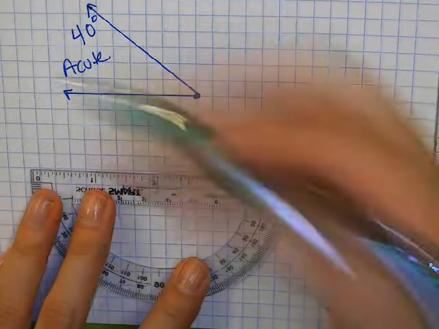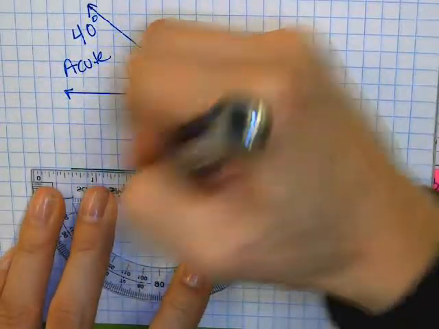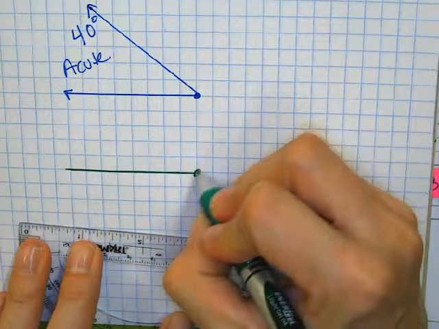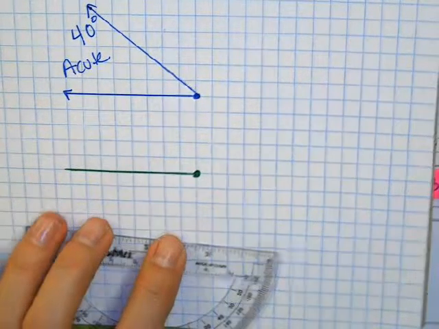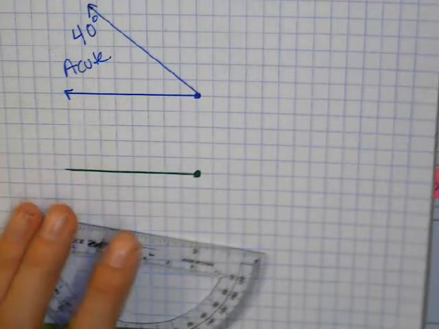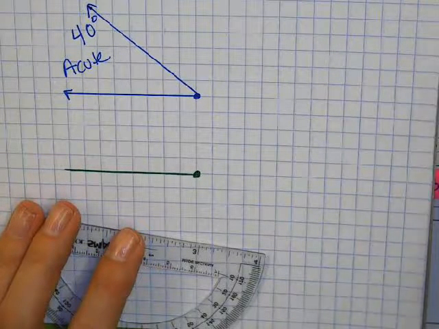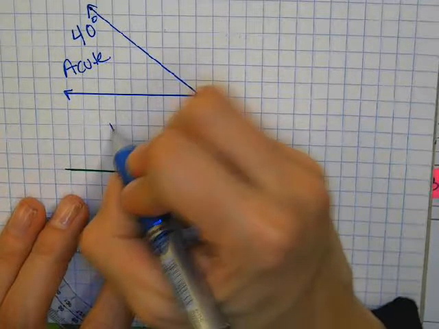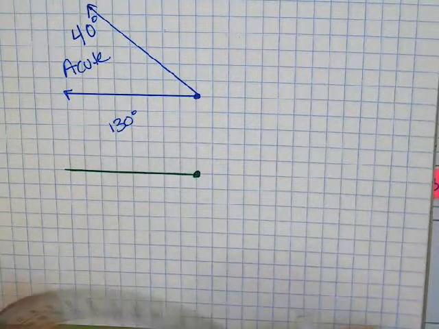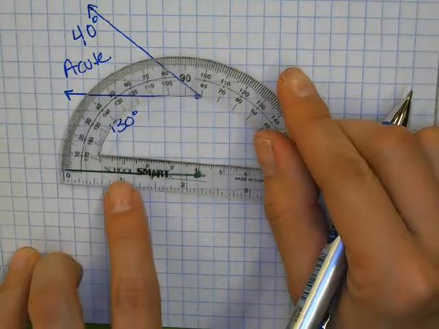Draw another line. About 2 inches. Draw a dot on the right side. Just like that. We're going to do 130 degrees. So, make sure you read School Smart.